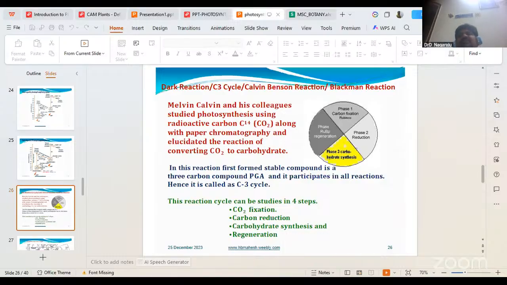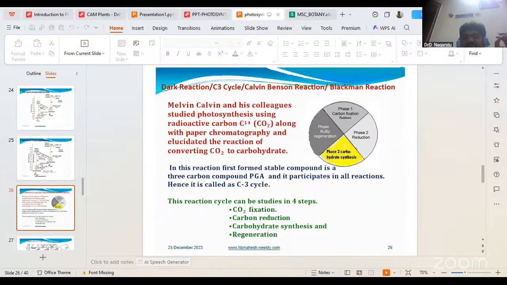Here the C4 cycle is a spatial separation cycle. Spatially separate means some part of the reaction occurs in one place and the remaining part occurs in another place. You see in the leaf, mesophyll cells and bundle sheath cells. Mesophyll cells are between the upper and lower epidermis.